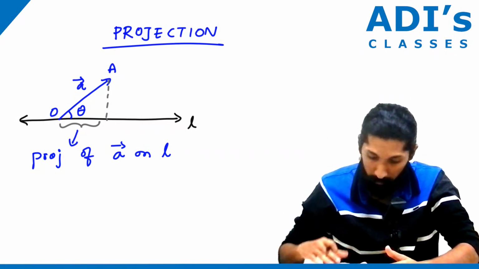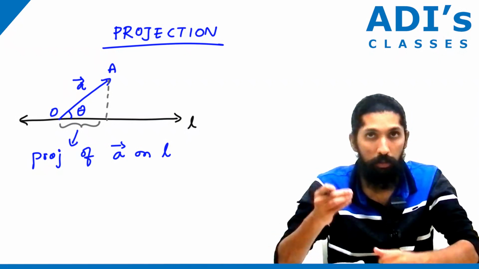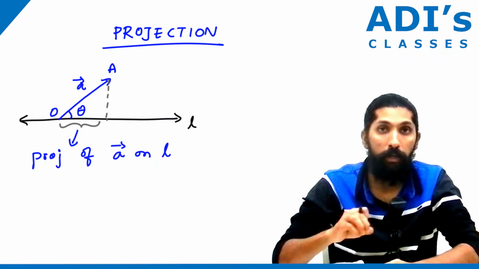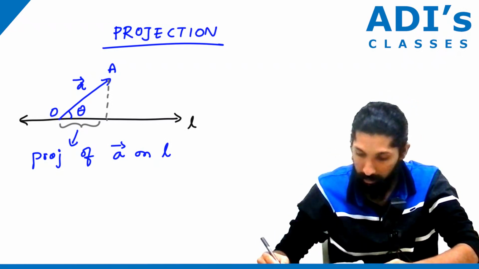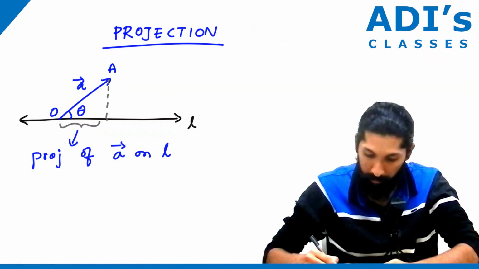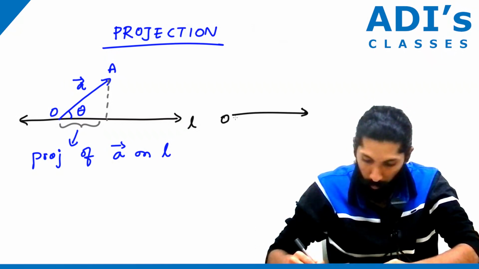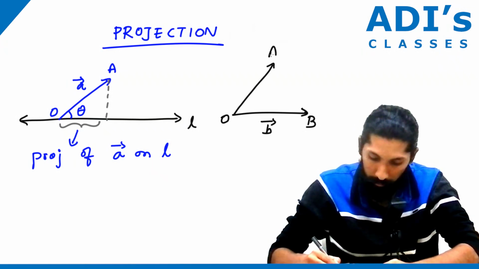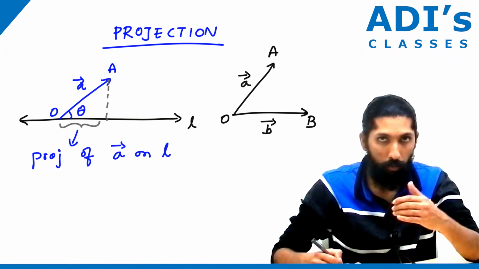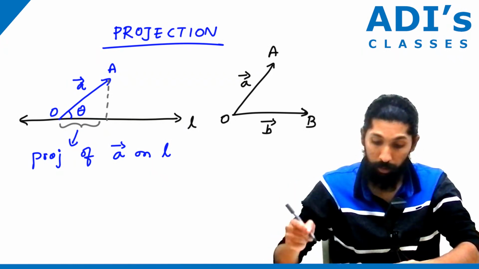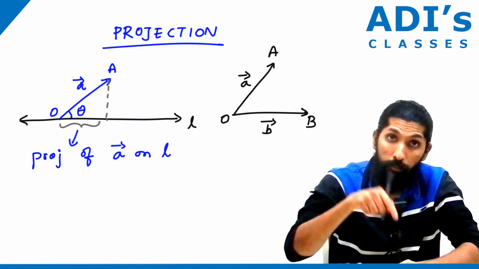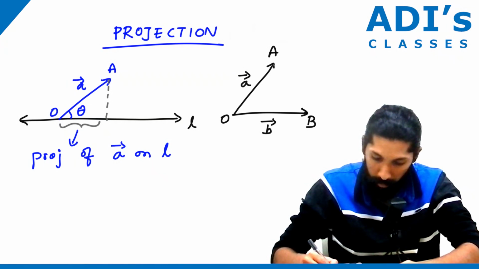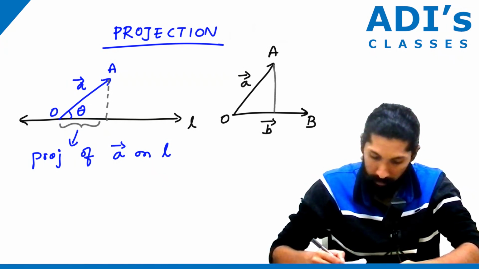Fair enough? So, to understand this in a little bit of mathematical sense, instead of line L, we look at vector B. That is the same thing. Instead of line L, say this is OB, this is vector B, and this is OA, which is vector A. Now we are looking at projection of vector A on vector B. Here A is here, you drop a perpendicular like this.